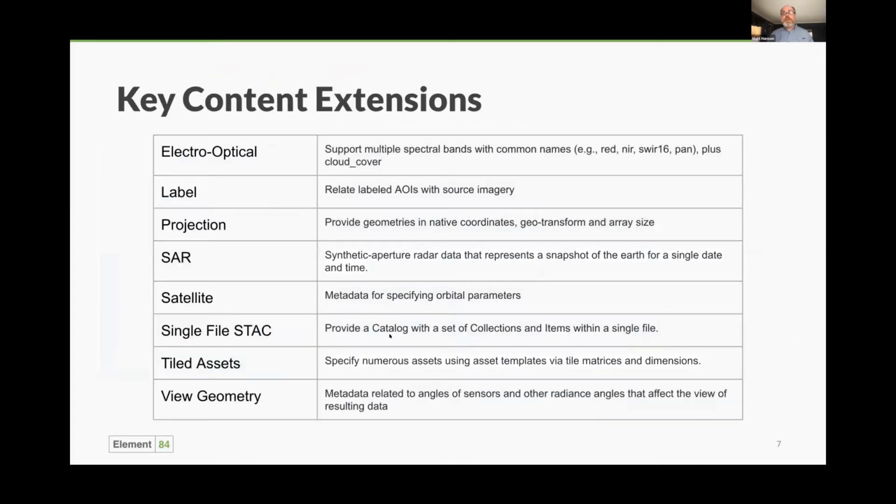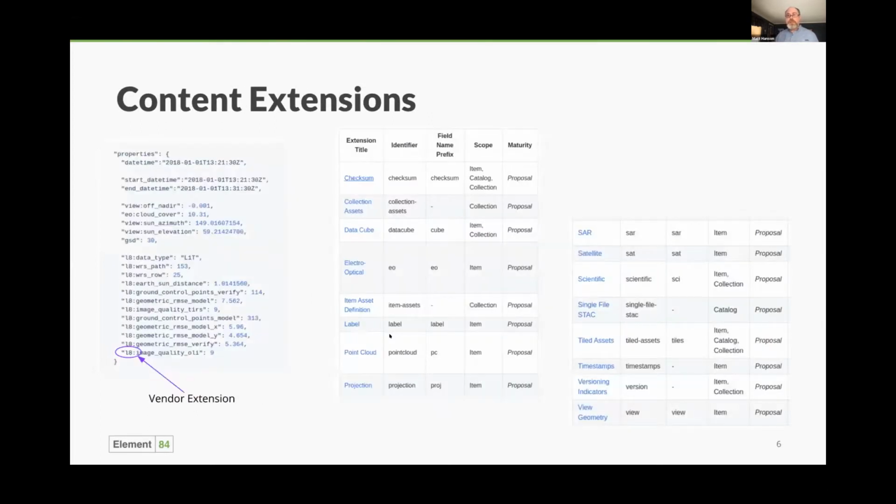There's quite a few there, so I'd just like to point out the key ones. Actually, let me go back. So you'll see the maturity level there. You'll see that they're all actually in proposal stage, and that's just because we haven't gotten around to incrementing the maturity based on usage. So the idea is that there are different maturity levels for extensions based on how many implementations there are out there.